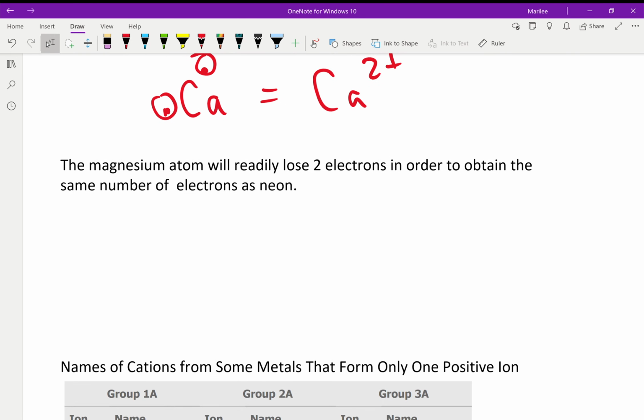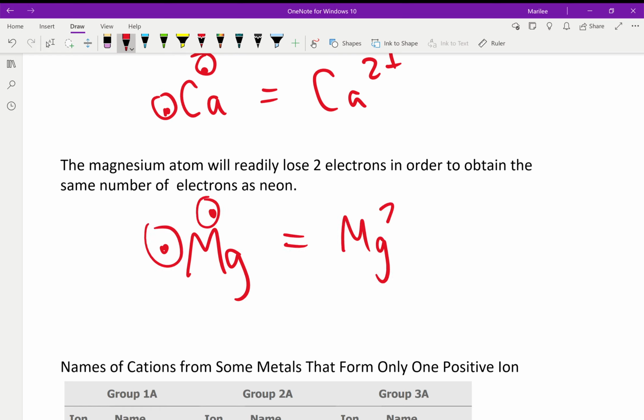The magnesium atom will readily lose 2 electrons in order to obtain the same number of electrons as neon. So magnesium has 2 electrons on its outer shell, so it's going to lose these 2 just like the calcium did, and that will be Mg2+.